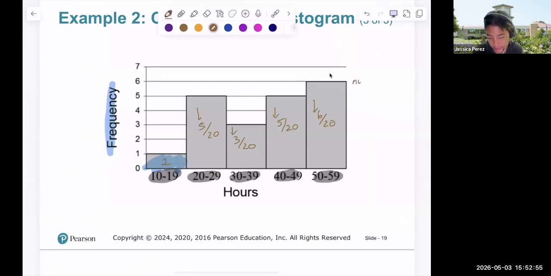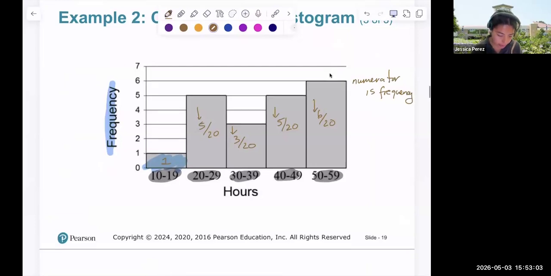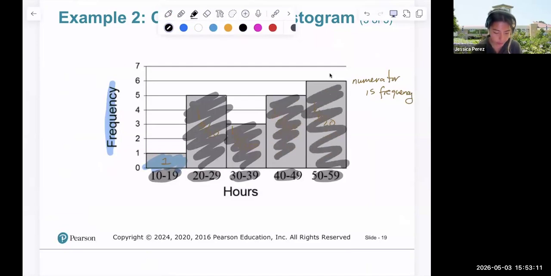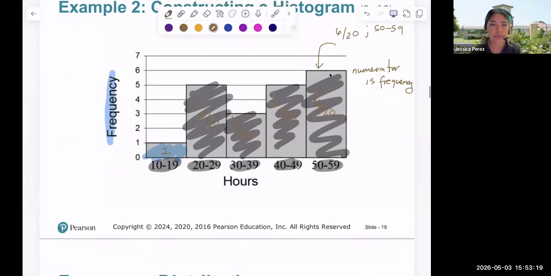The numerator is the frequency. So then we create this bar graph that will show everything that we've done. And again, the max data or the one that dominates is the 6 out of 20, or the class between 50 and 59.